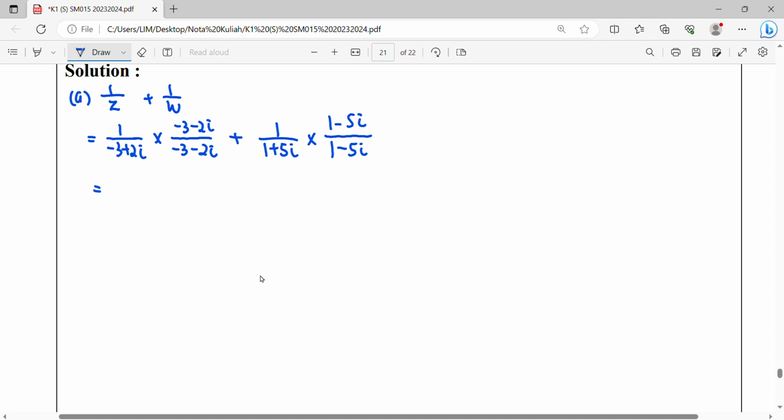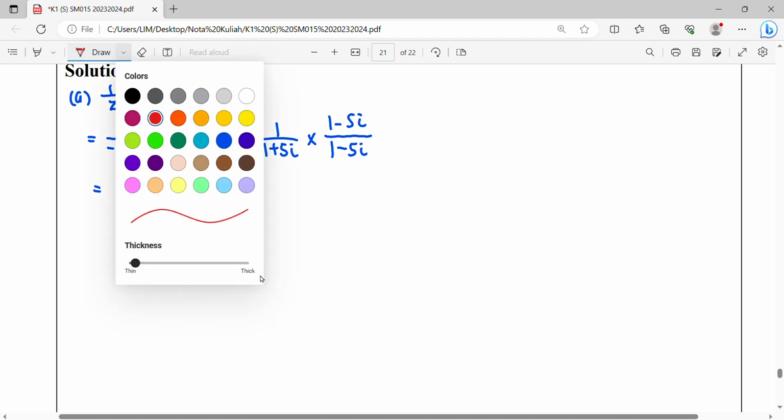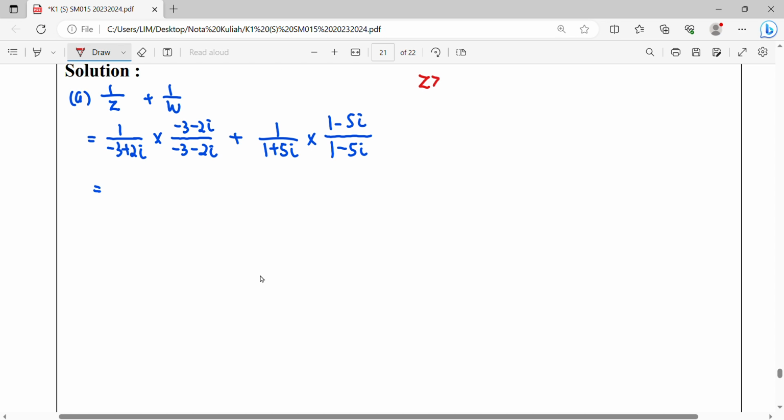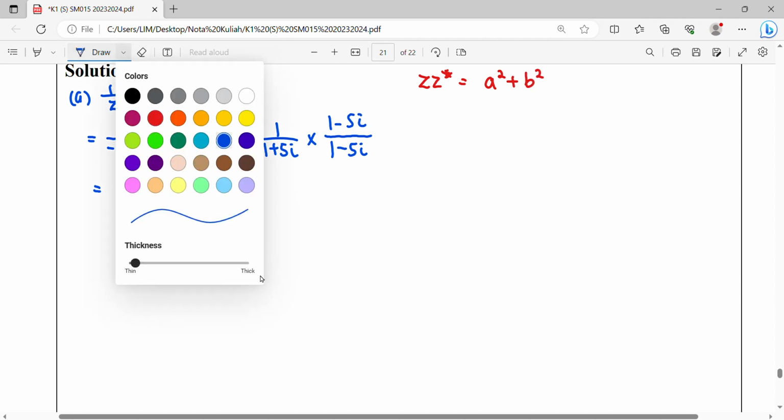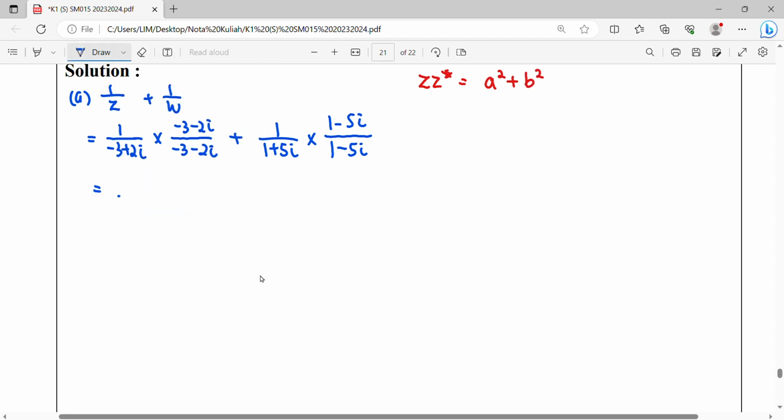A complex number times its conjugate, always remember we can directly calculate a squared plus b squared. So here at the denominator we can apply complex number times its conjugate. A is -3. When it's squared, it gives us 9. Then plus b is 2.